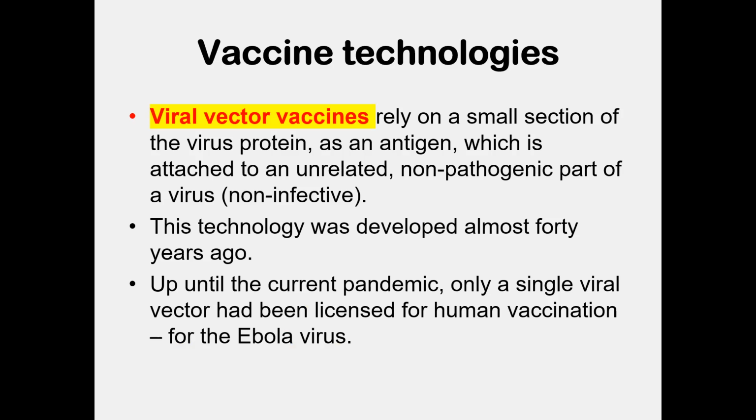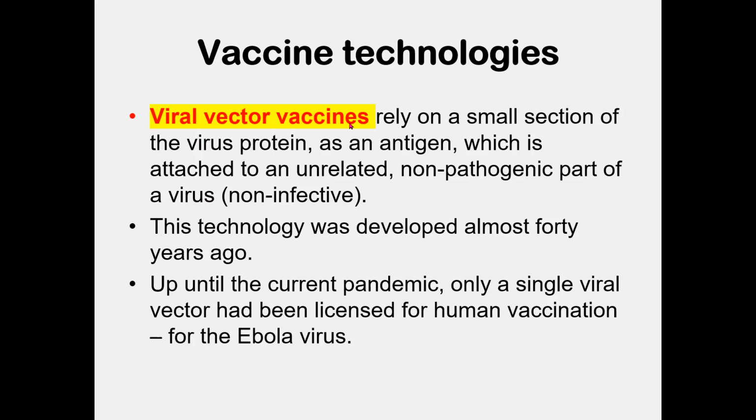Anyway, so the viral one, the first one, is where the piece of virus is attached and added to your body, and then the body reacts to the piece of protein. So I'll go through it.